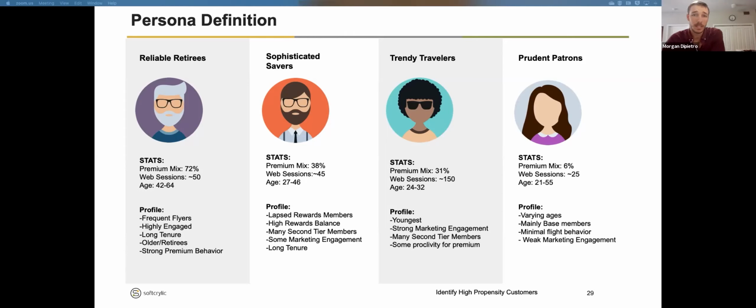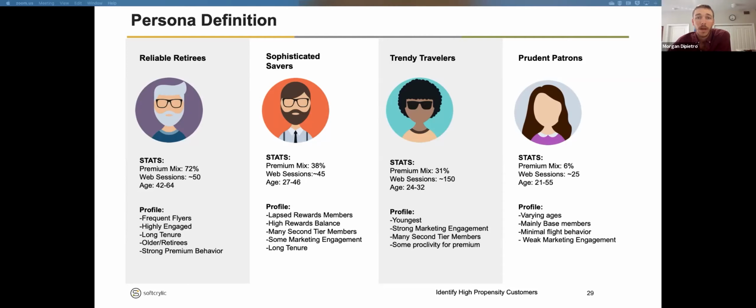Maybe we would pick the sophisticated savers and trendy travelers after looking at these statistics and developing these profiles. Trendy travelers are young. They do have some proclivity for premium. If we could get them to buy those premium products now, maybe they'll stay with us for a long time and become very high value lifetime members. The sophisticated savers certainly have a lot of rewards points booked up, and maybe if we show them some ads for premium products, they would be willing to buy them.